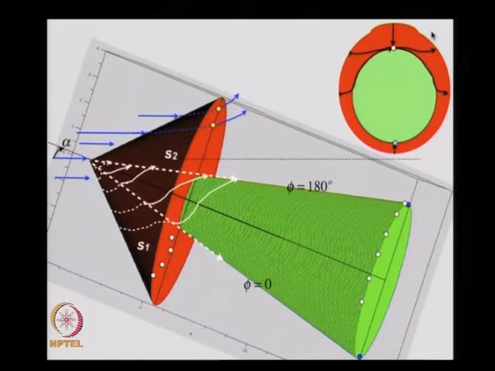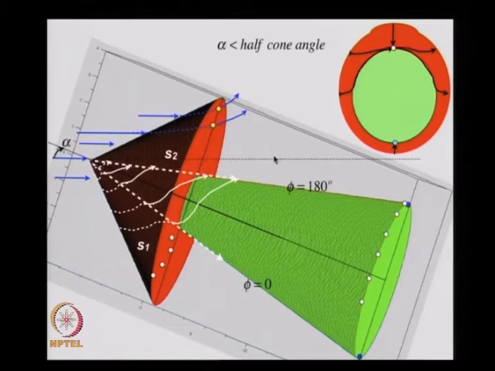Now all of this that we see here is basically when the angle of attack is less than half of the cone angle. This angle is the half cone angle, and the angle of attack is less than the half cone angle.